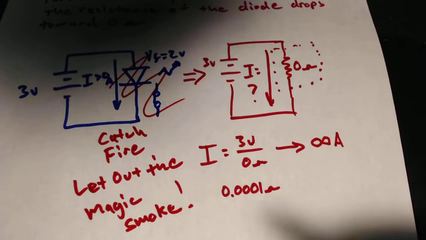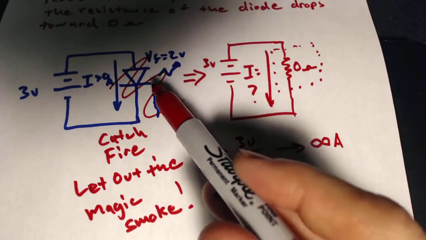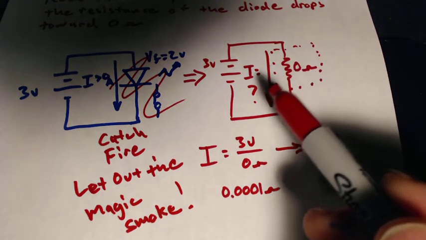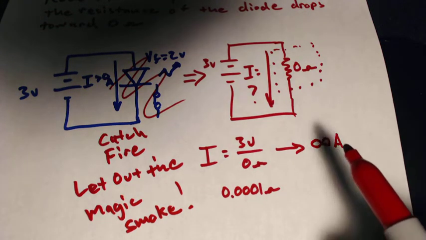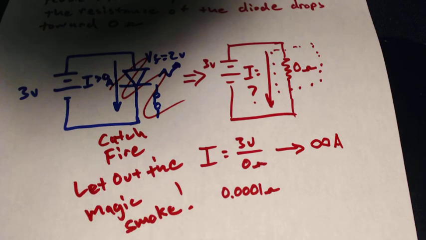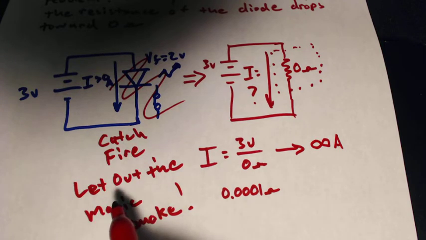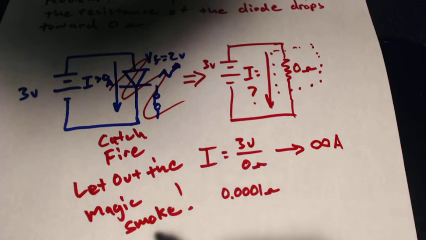Right? So the LED is going to go ahead, briefly work, but that resistance will drop to 0. Current will go through the roof, and this guy is going to catch fire, let out the magic smoke. He's going to break down. All sorts of bad, unwanted things are going to happen. Well, usually unwanted. Sometimes it's fun to blow stuff up.